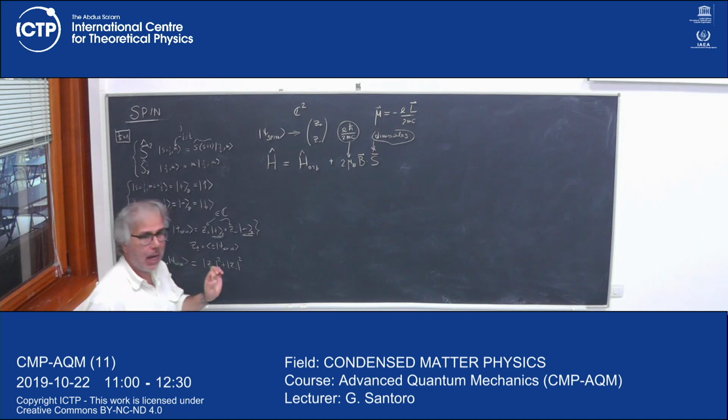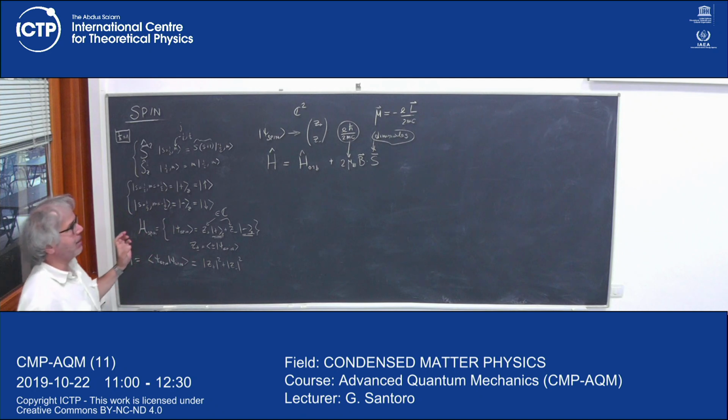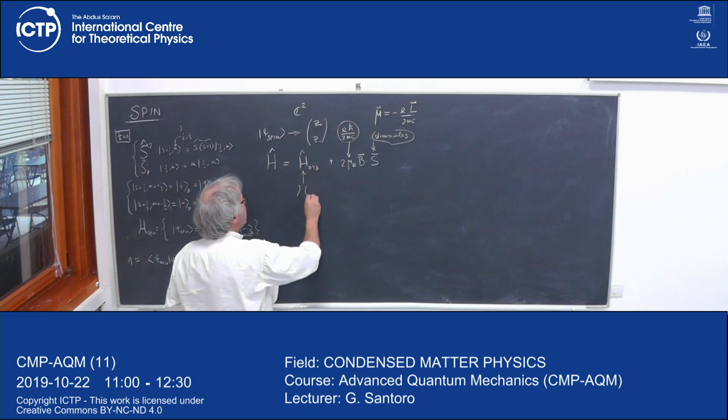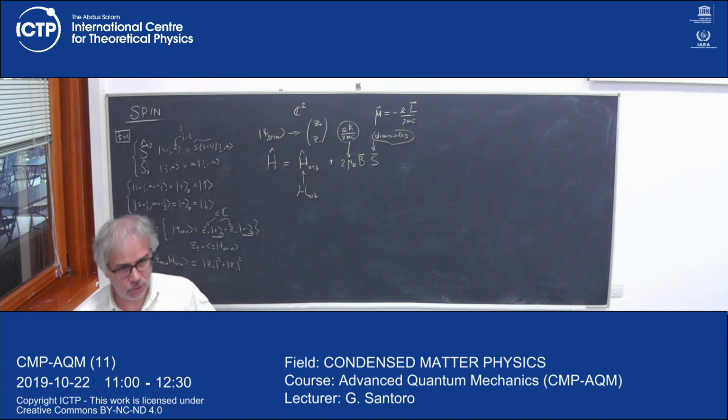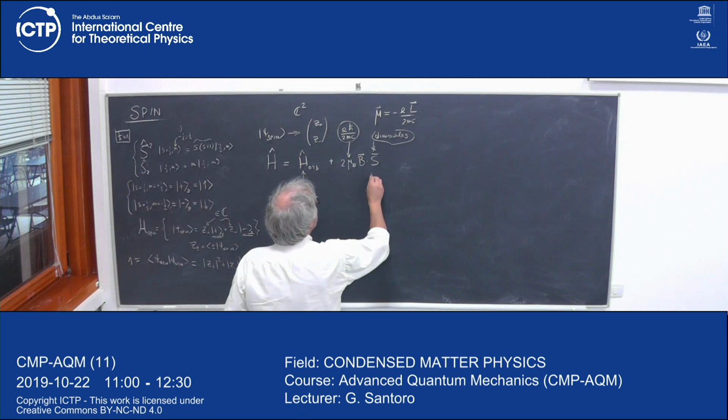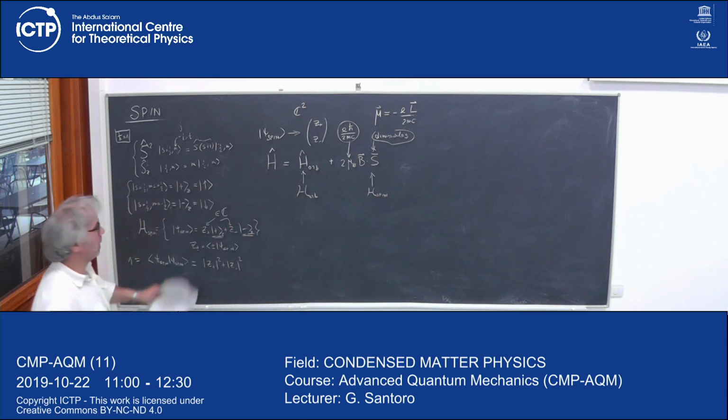And now I will teach you how to glue together the usual Hilbert space related to the orbital degrees of freedom, which is space of functions, with the Hilbert space that I have just introduced, which is the two-dimensional spin Hilbert space.